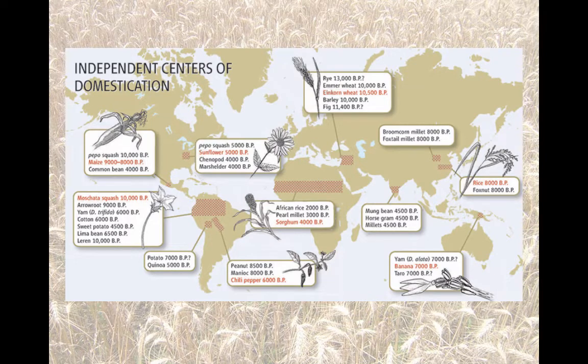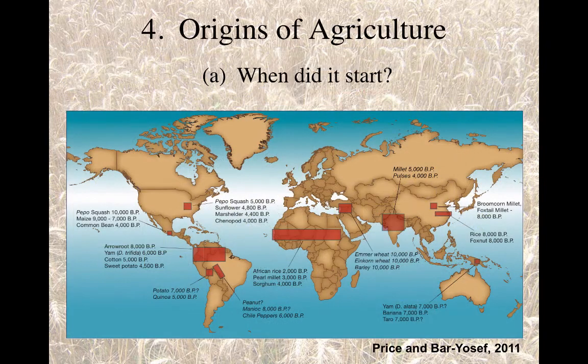So around 10,000-ish years ago, things changed, and all of a sudden people went from being hunter-gatherers to adopting agriculture in many, many parts of the world around the same time. So now we're going to talk about origins of agriculture. When did it start? I just mentioned that around 10,000 years ago, many areas of the world started to convert to an agricultural type of society, which generally meant that we went from our wandering ways into settling down and cultivating the land.